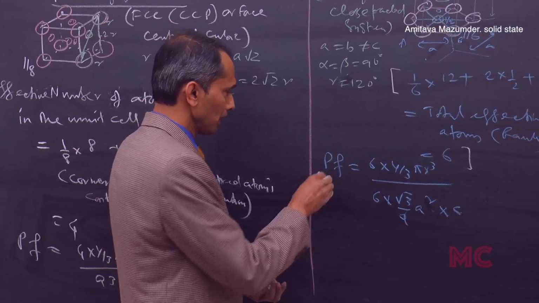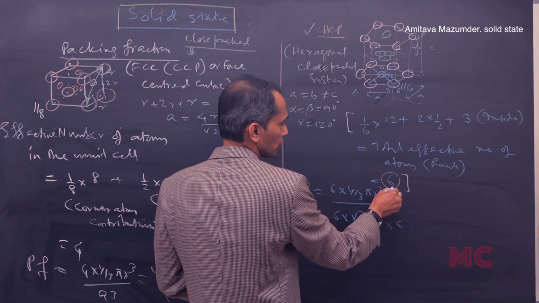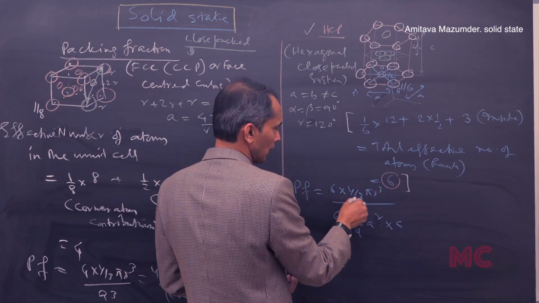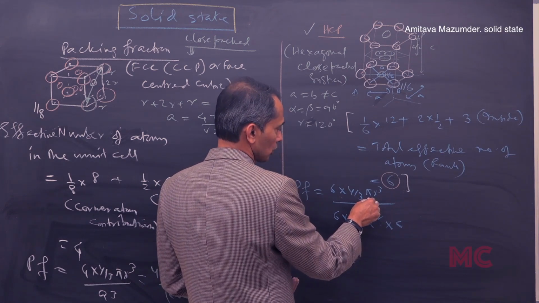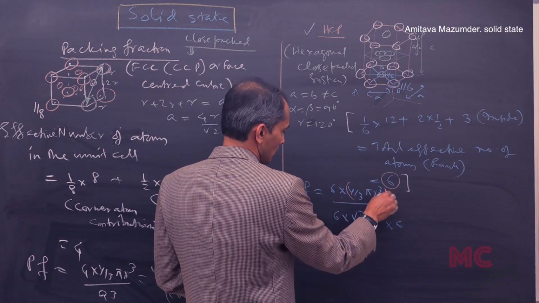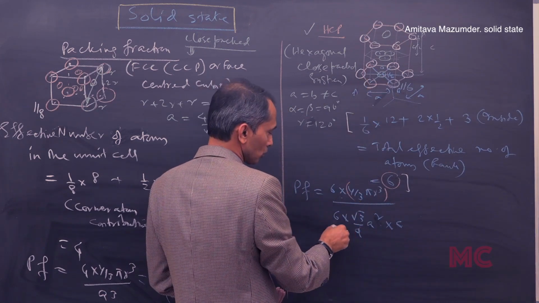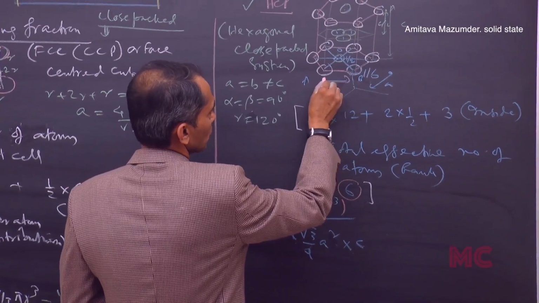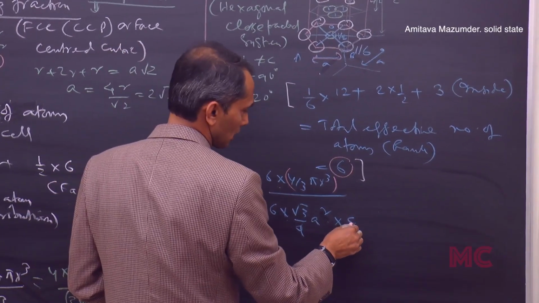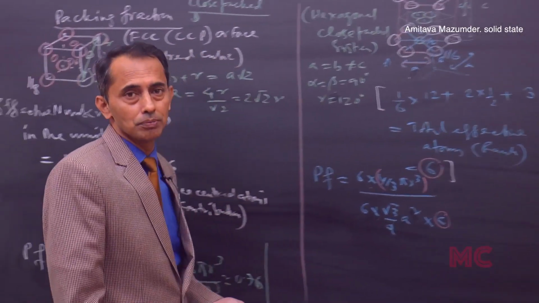So the packing fraction is 6 times the volume of one sphere, since 6 is the rank of the HCP lattice, divided by the volume of the total hexagonal crystalline system, 6 into √3/4 a square into c, where c is the height of this prismatic crystal.